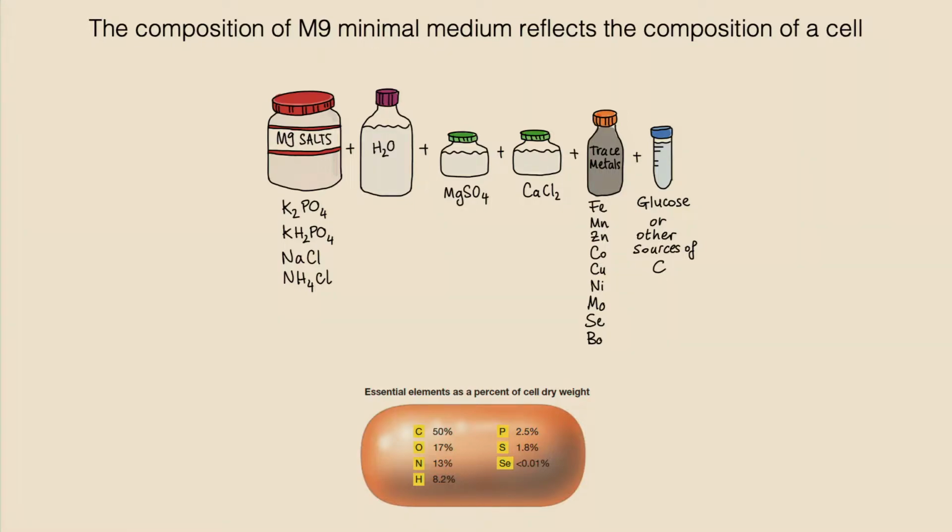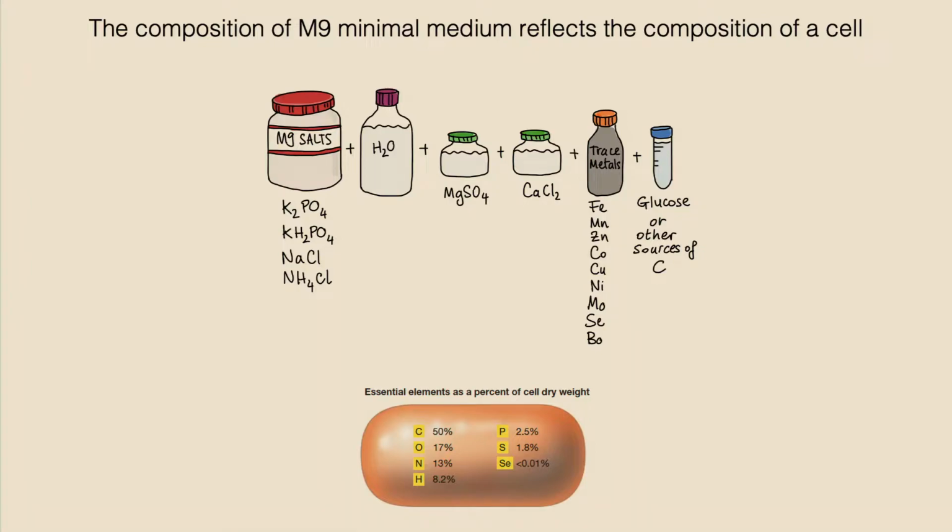And so in principle we could write the composition of a cell as CH2O0.5N0.5, if you want to write it like this.